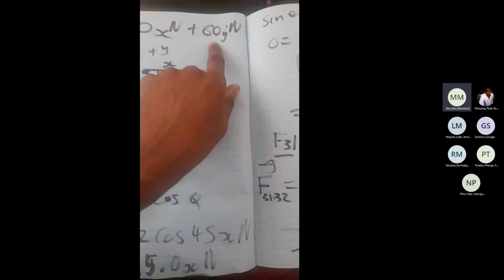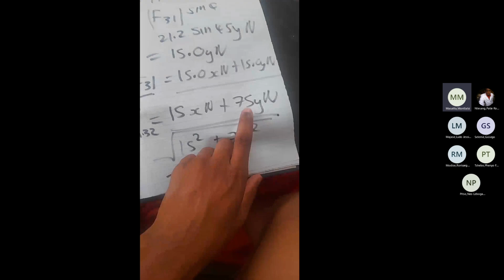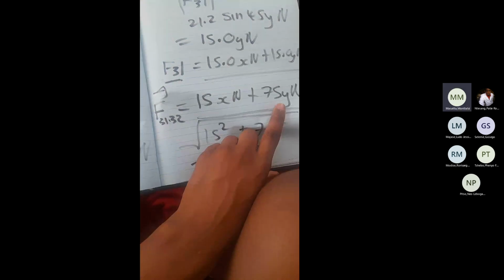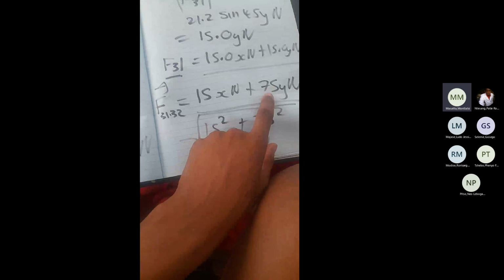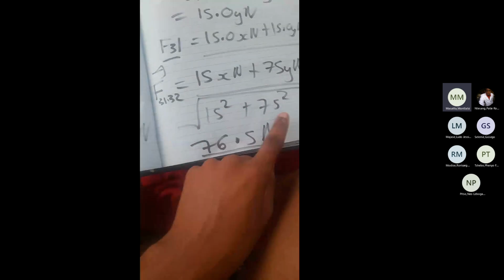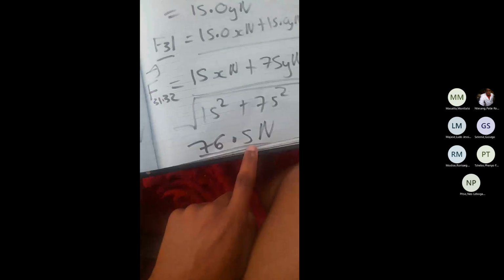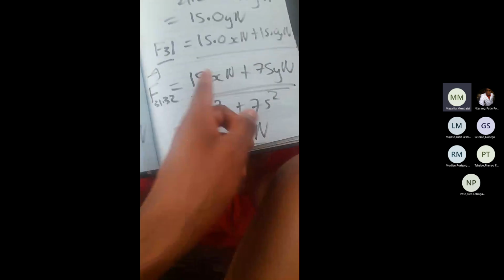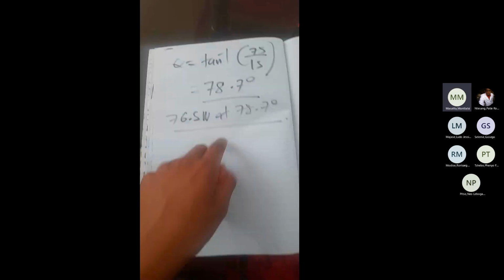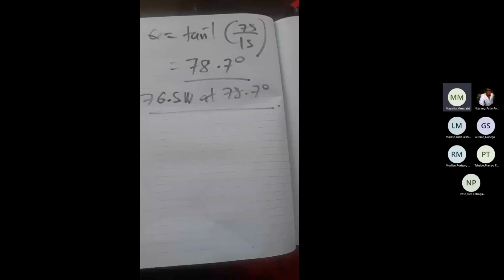We add the x of 3,2 and the x of 3,1. Then we add the y of 3,2 and the y of 3,1. Then we find the magnitude, the square root of what's in the brackets, and then the angle. The presentation will then be done and dusted.